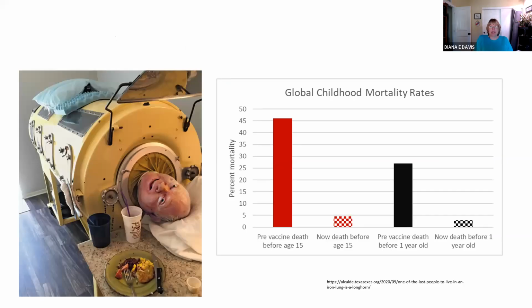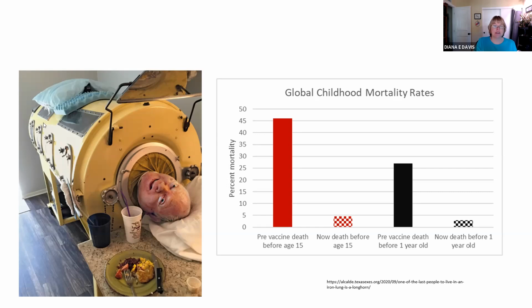So what happens if we don't get vaccinated? You can catch one of these diseases. This guy on the left is one of two people in the US who is still living in one of these structures.